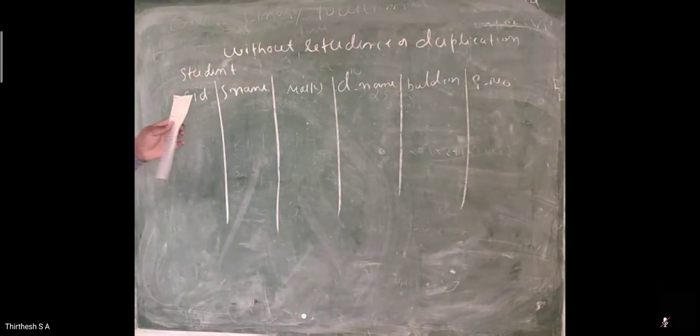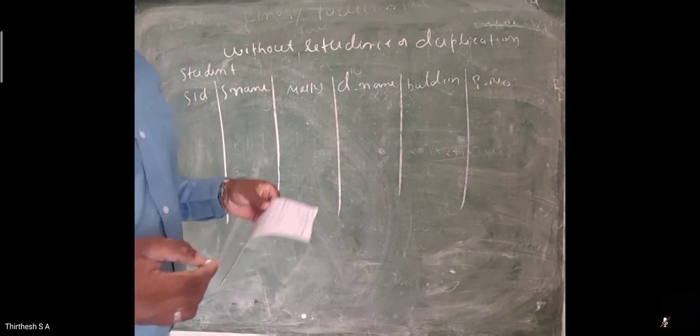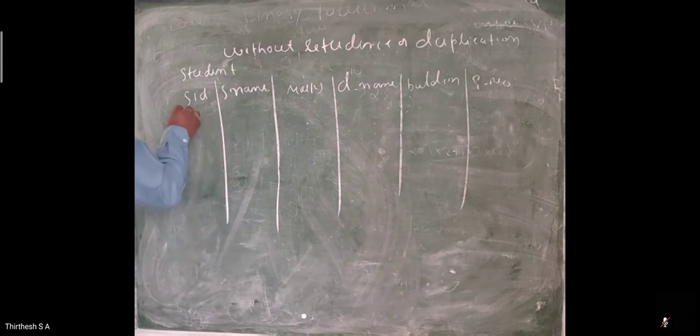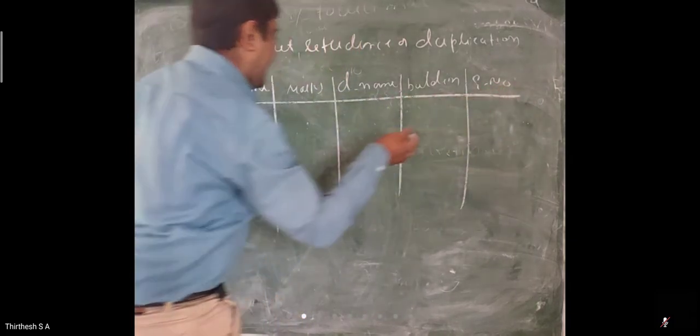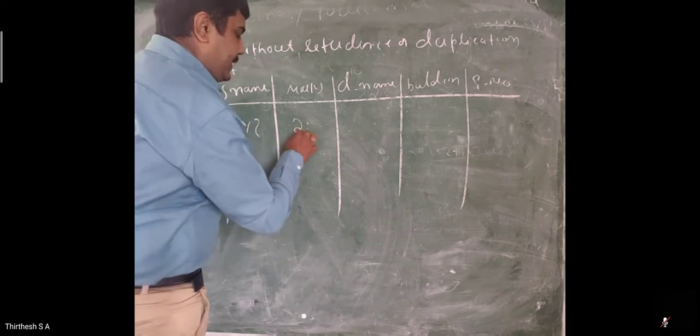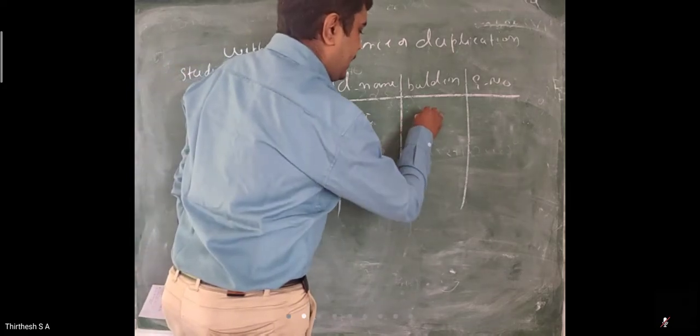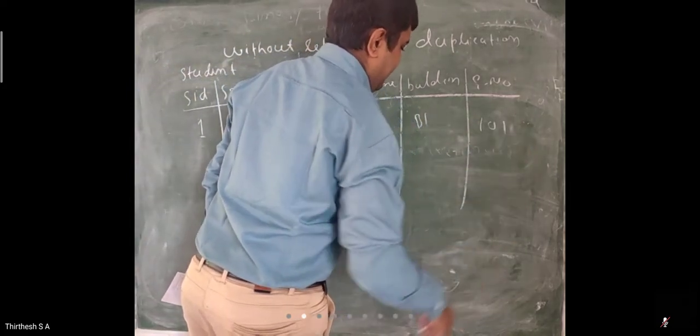This table exists in engineering colleges or master's colleges. Here I am going to enter some names and IDs, like 1, XYZ, marks is 20, department is CSE, building number is B1, and room number is 101.